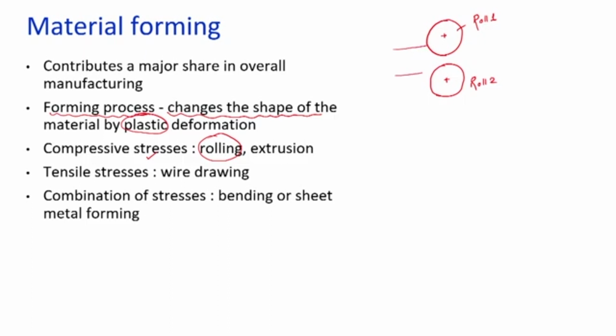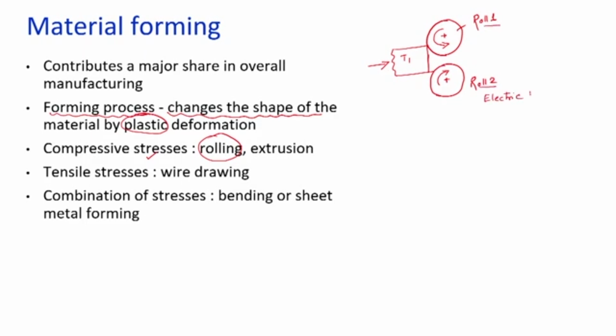Now consider we want to reduce a thick sheet of thickness T1, and this is driven by roll 1. Roll 1 will drive roll 2 by taking this sheet inside the gap between the rolls. At the initial stage we have to push the sheet into the gap between the two rolls, and then the rolls are driven by an electric motor.